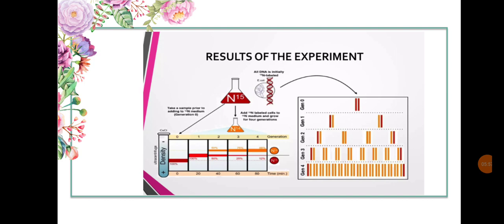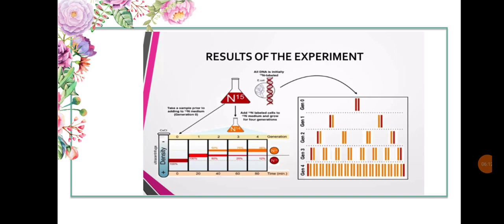There we centrifuged, and what will happen? It is heavy, so 100% of the progeny is N15. Then later, we added N14 light medium and again grew the bacteria.